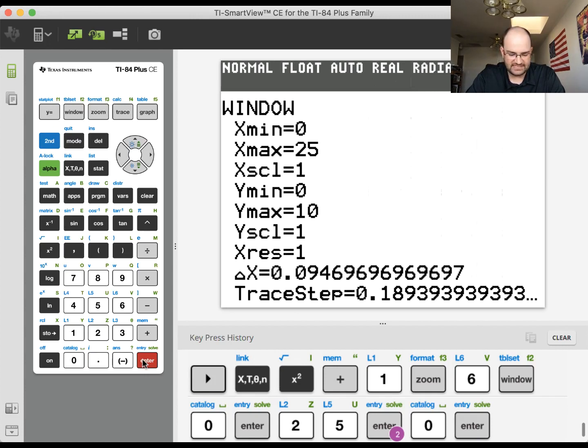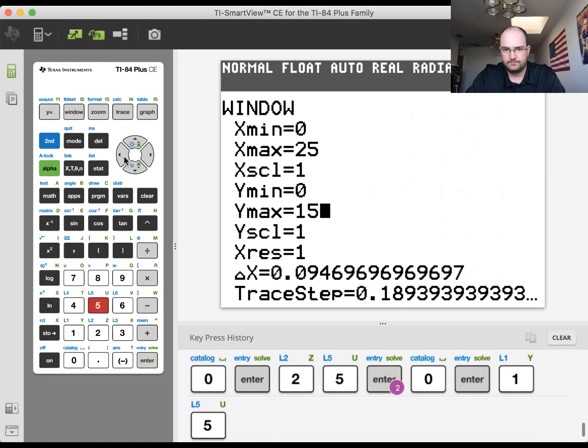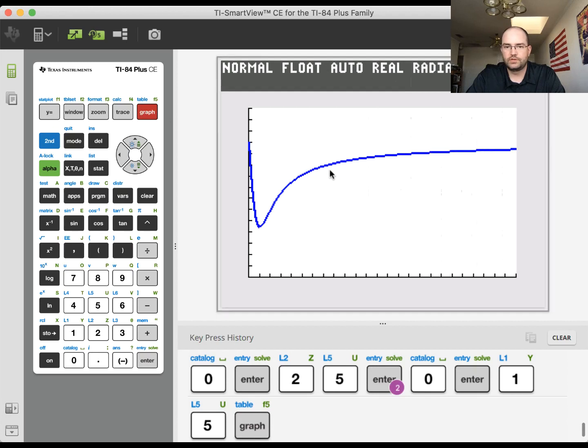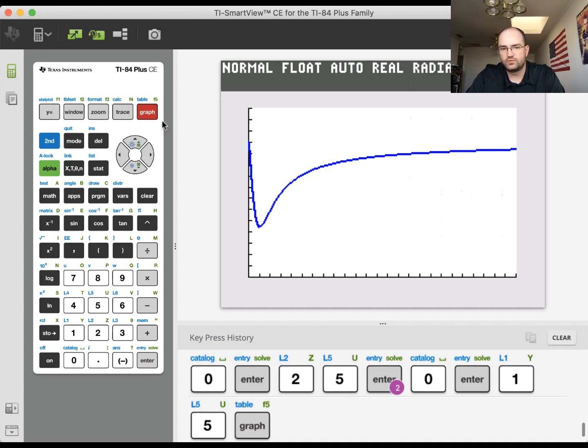And for the y maximum, notice that it begins at 12, so let's go to 15 so we can see the 12. And see what that looks like. Here we go. So what we have here is the waste is actually reducing the concentration down to this point, and then at some point here, it begins to go back up.